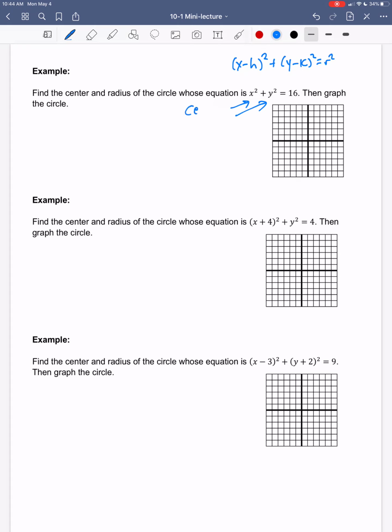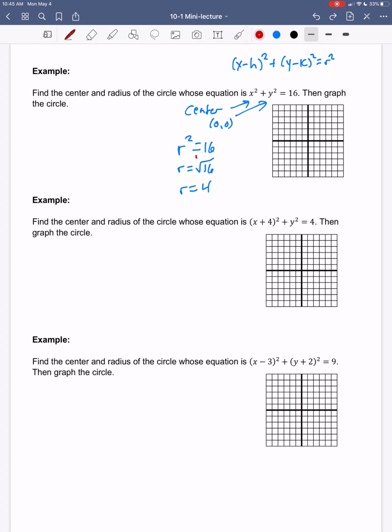So this is telling me that the center is 0, 0. And also then I've got that r squared is equal to 16, so r would be the square root of 16, or 4. Now, in theory, when I solve an equation by taking the square root, I should put in plus or minus, but it doesn't make any sense to have a negative radius. So I don't worry about the plus or minus here when I'm finding the radius of the circle.